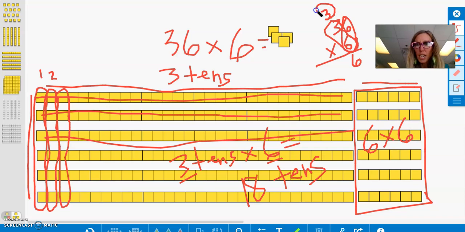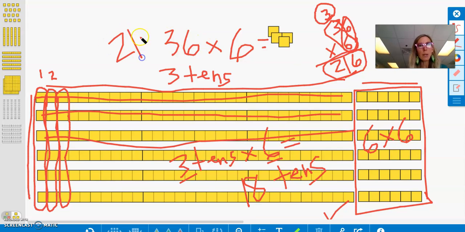But then I'd have to add on 3 more that I got from over here, because the 36 had 3 10s in it also. So 18 10s plus 3 more is 19, 20, 21. So there it is. This right here is 180 plus 36, or 216 slices of pie.